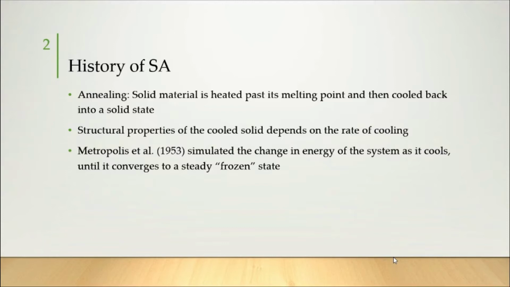That is a high energy state, in terms of kinetic energy or potential energy. But when it is cooled, the temperature becomes lower and lower, the material solidifies, and the energy of the molecules becomes less also, because their movement becomes restricted by solidification. That was simulated in 1953 by Metropolis et al.